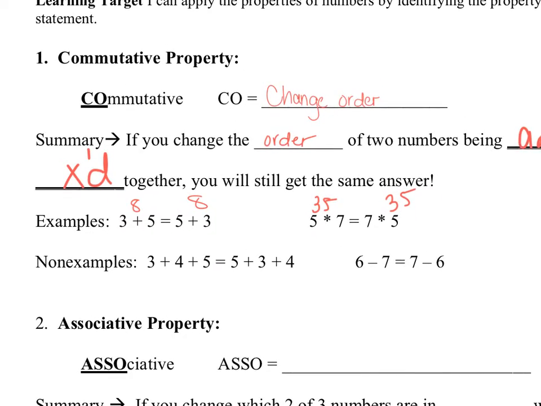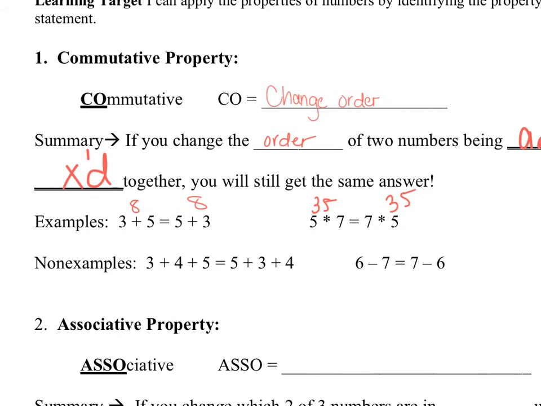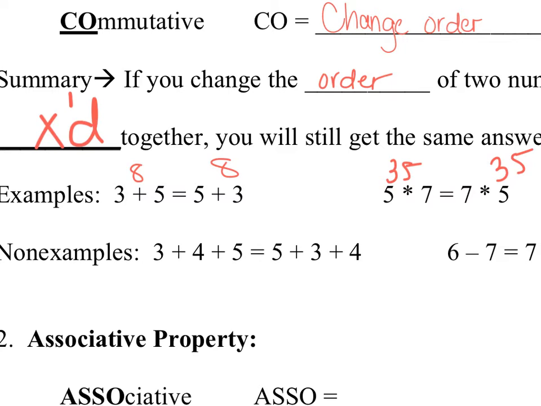Below, you'll see some non-examples. Here's what we mean by it not working. I mean, you're still going to get the same result on both sides. You're still going to get a 12. But when we do the commutative property, we want to basically just move it to the left or to the right. So for instance, if I moved my 4 and my 3, that would be commutative.